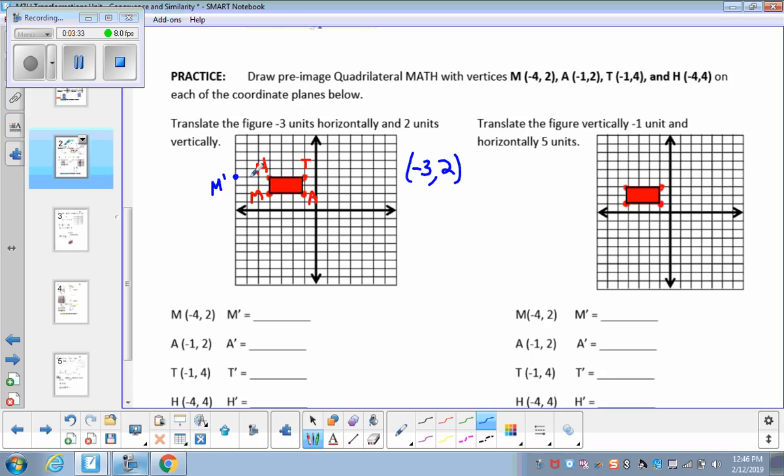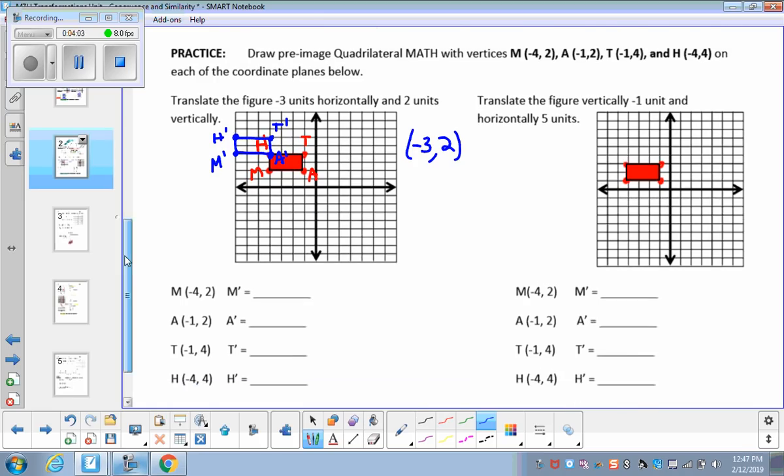H goes back 1, 2, 3, up 2. T prime, back 1, 2, 3, up 2. And A moves back 1, 2, 3, up 2. And that would be A prime. And then when you connect, you have successfully translated that figure back 3 and up 2.